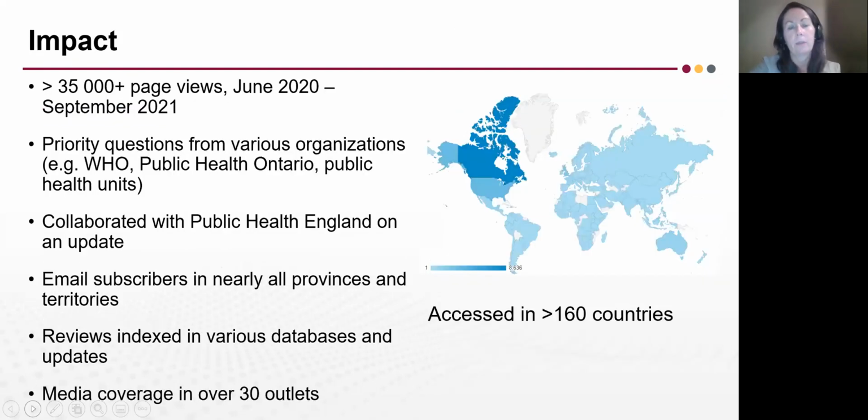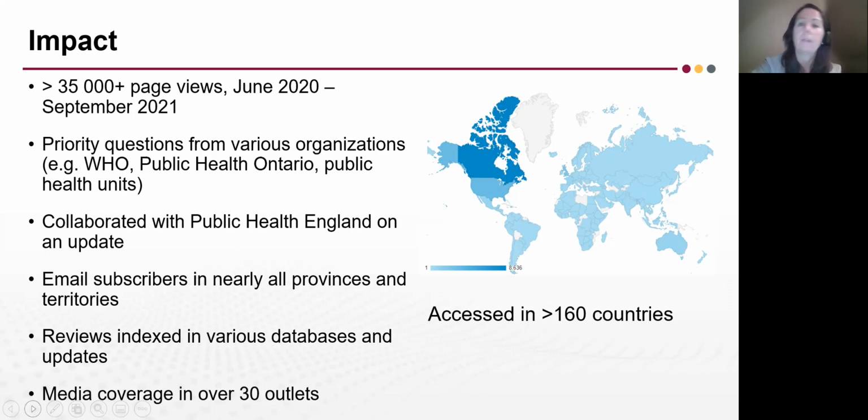Just in terms of impact, it does seem like this service is meeting a need. We know that the page has been viewed more than 35,000 times from June 2020 to September 21. We've received questions from not only within Canada, but outside of Canada. We're collaborating with other national organizations on reviews together, which has really been fantastic to do.